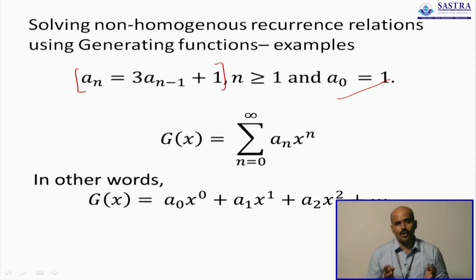And the question also clearly suggests that the formula is valid only for integers greater than or equal to 1, because the initial condition is for n equal to 0. So only for that the answer is already given. For every other term I can use the formula to determine that particular term of the sequence.